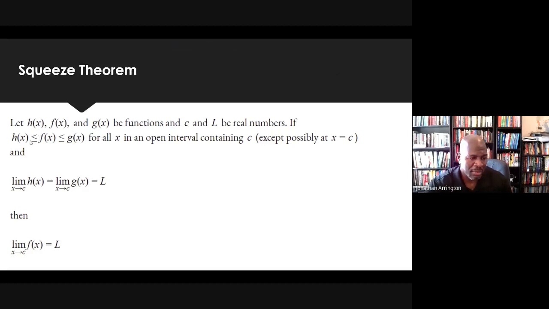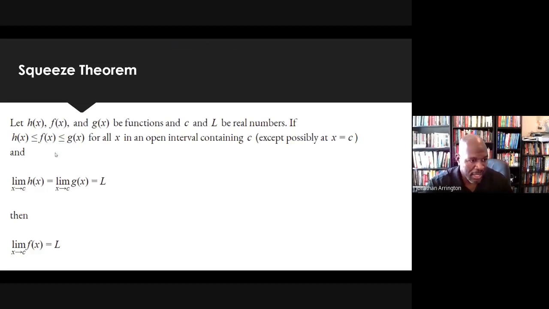It basically means that f is between h and g. f is greater than or equal to h, so above or touching h from a graphical standpoint, and less than or equal to g, so below or touching g from a graphical standpoint. So basically f is in between h and g. It's being squeezed between those two, or sandwiched between those two functions.